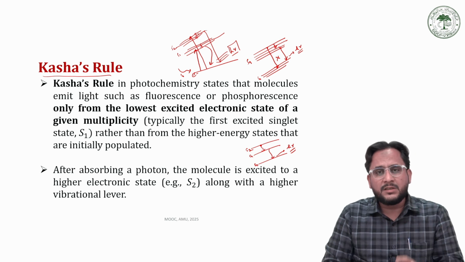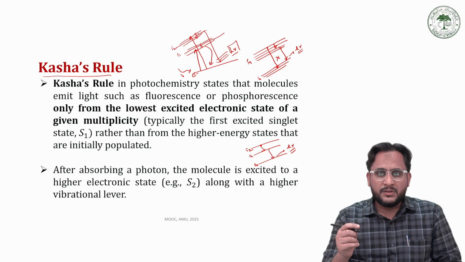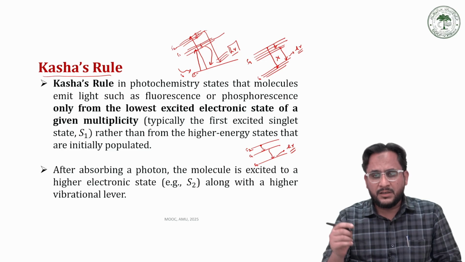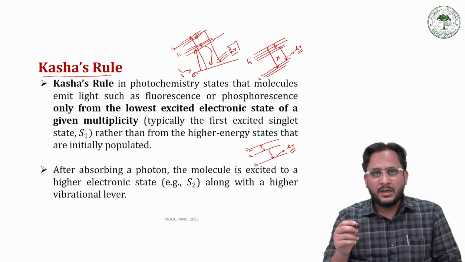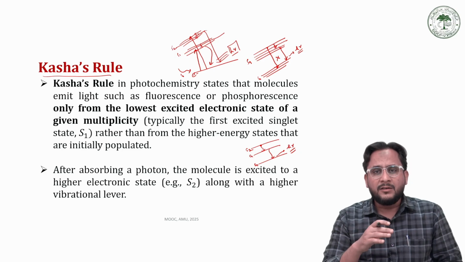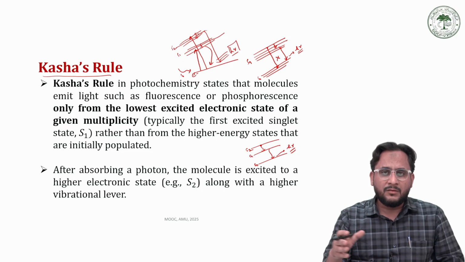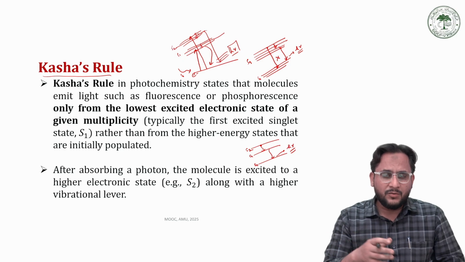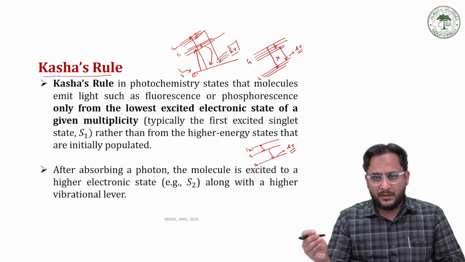So both these deactivation phenomena, the internal conversion, which brings the molecule from S2 to S1, as well as vibrational relaxation, which brings the electron from a higher vibrational level to the lower vibrational level of the excited state only, are non-radiative deactivation phenomena, meaning they do not release light radiation. They only cause loss of energy in the form of heat or kinetic energy.